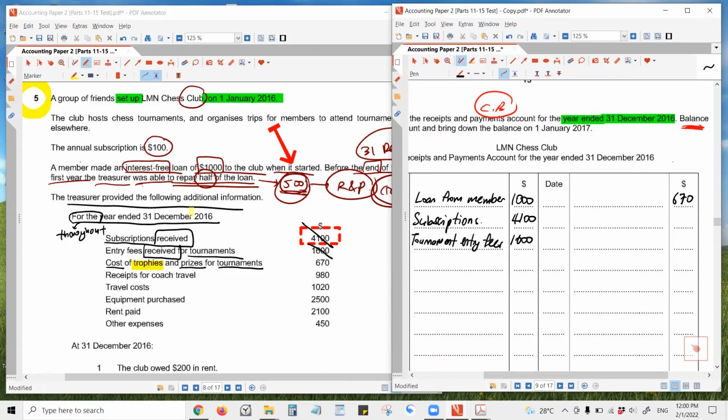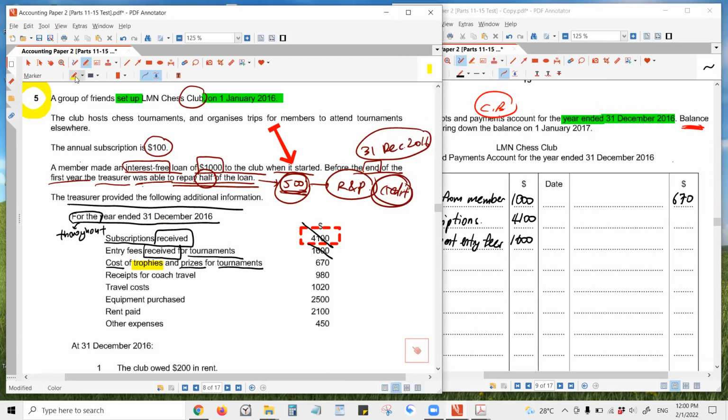So what should you write here? Should you copy the entire thing, cost of trophies and prizes for tournaments? I don't think it's wrong to copy the entire thing. It's still correct, but for better presentation, it's better to shorten it. You can shorten it to tournaments, trophies, and prizes.